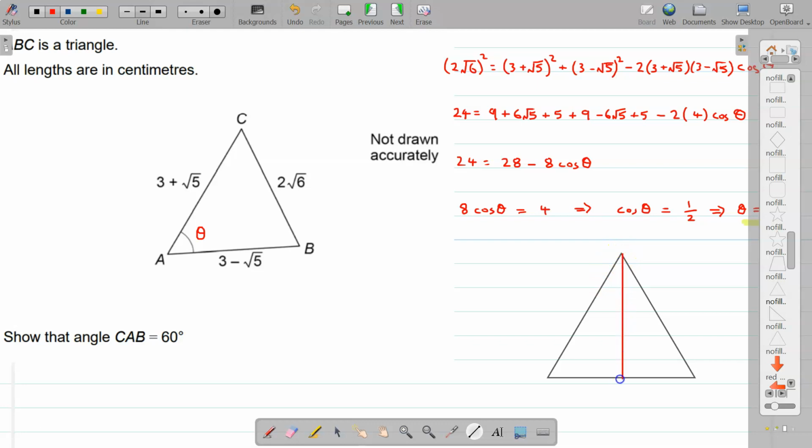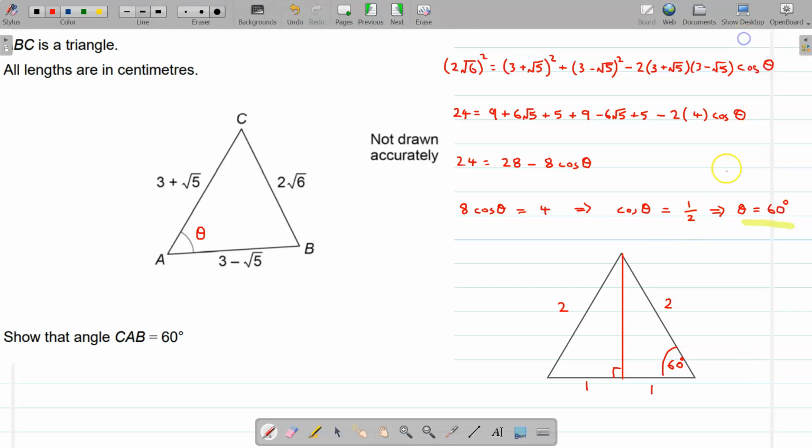If I make the sides of the triangle 2 and 2, and this is now going to be 1 and 1 because I've split it down the middle. Okay, there's my 90 degrees. We know that's 60 degrees there because it's an equilateral triangle, and the cosine of 60 is the adjacent over the hypotenuse, 1 over 2. Okay, so that shows that cos 60 is a half. So theta is 60 degrees.